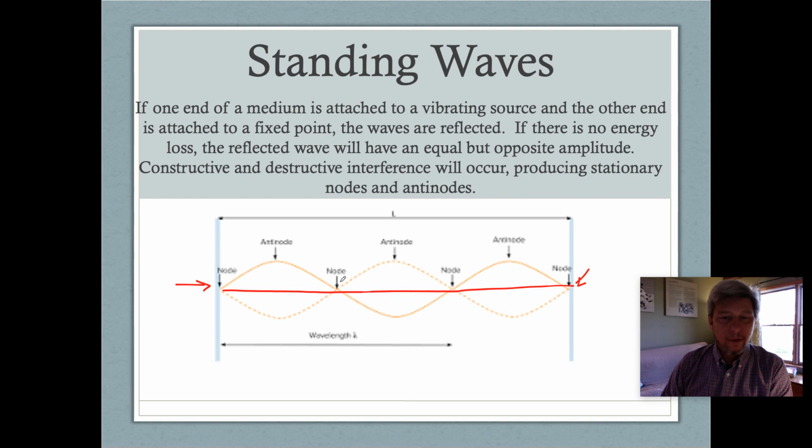At this point, I've got no amplitude. It's not moving at all. Maximum, none. Maximum, none, and so on. When you combine these nodes and antinodes with a constant frequency vibrating source, you produce stationary nodes and antinodes, and that's what we refer to as a standing wave.